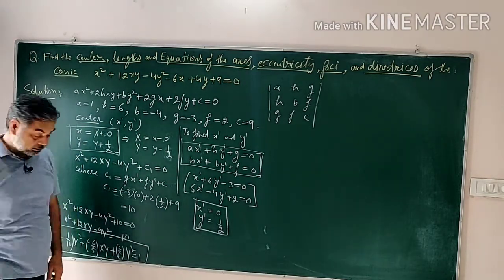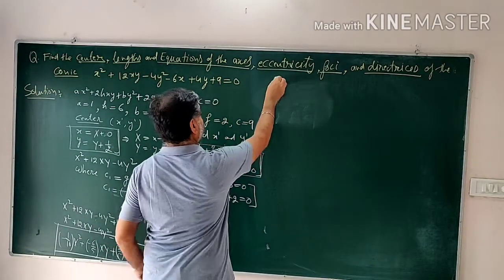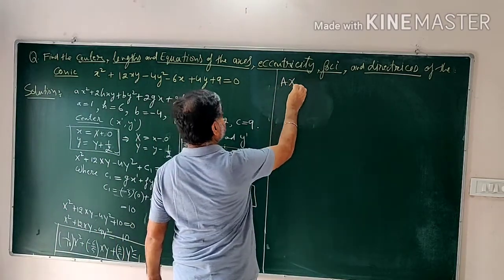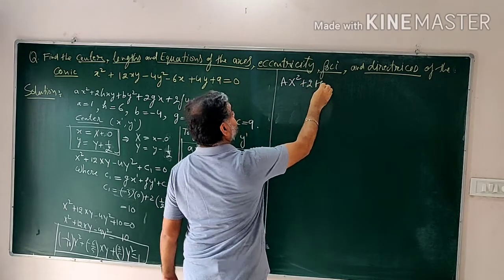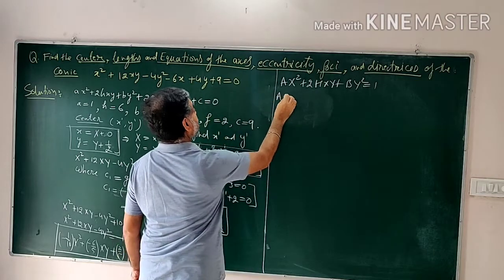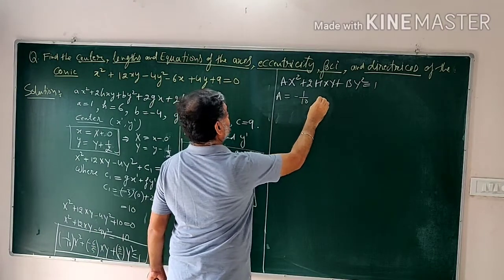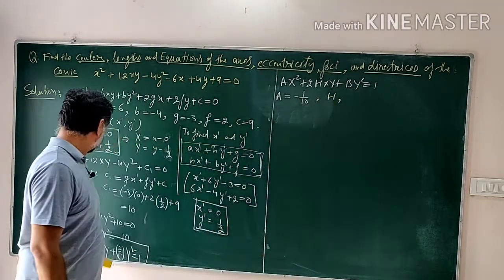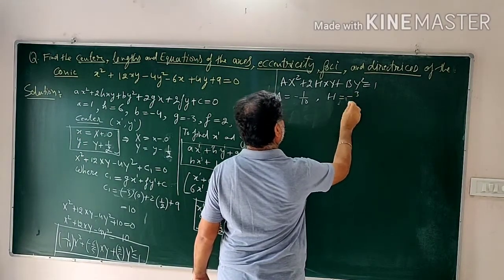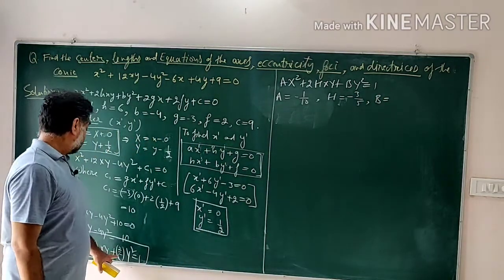So we have got this equation, and if you compare it with ax square plus 2hxy plus by square is equal to 1, then you get a is equal to minus 1 over 10, and h is equal to minus 3 over 5, and b is equal to 2 over 5.